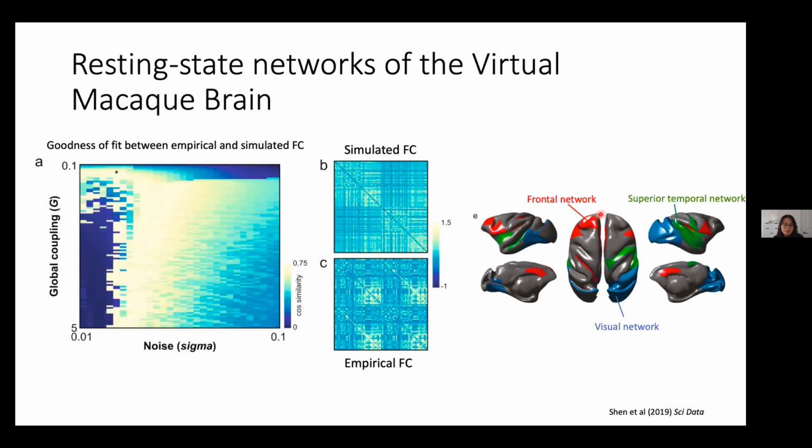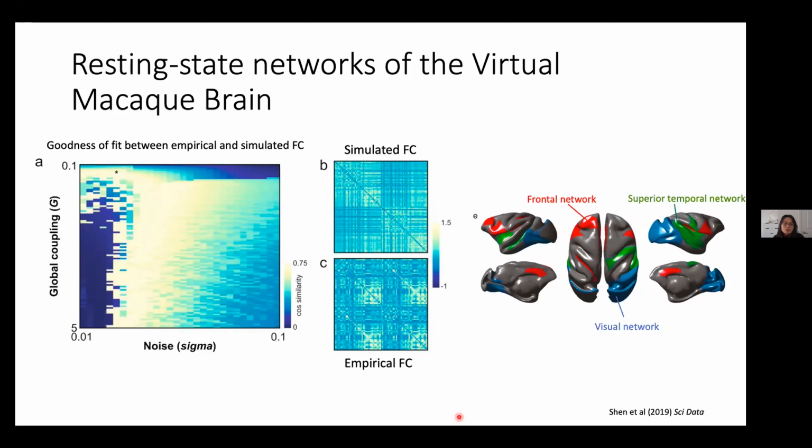That PCA produced more than 3 components, but the first 3 components of that PCA were a frontal network, a superior temporal network, and a visual network that corresponded to what has been shown in resting state fMRI studies in the macaque.